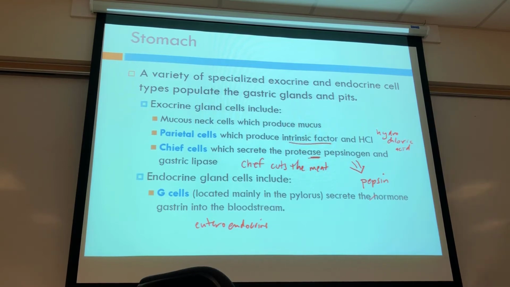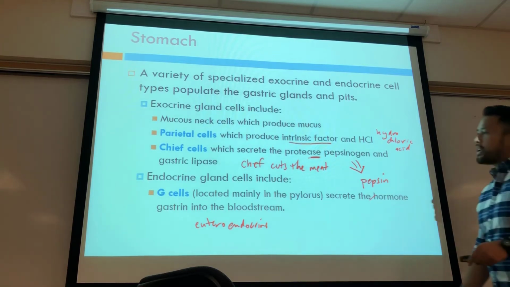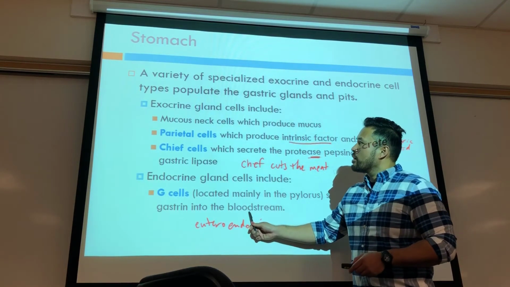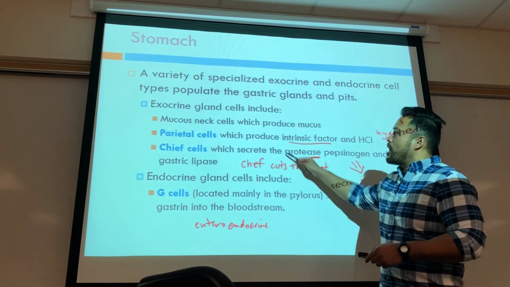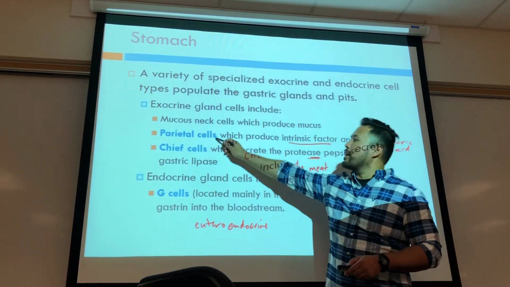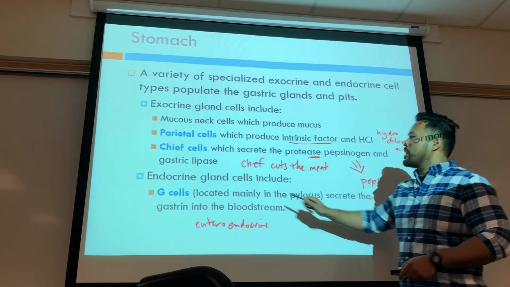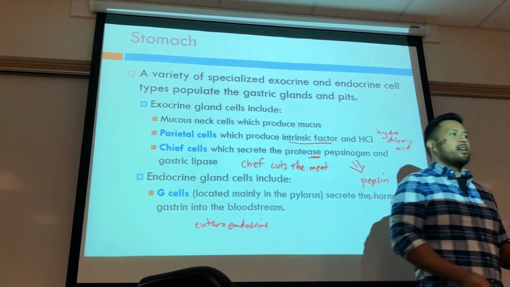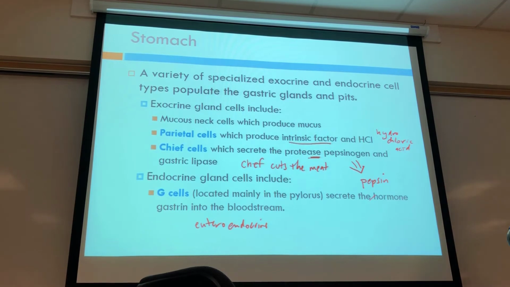And gastrin, as we'll learn later on, is going to promote the production of hydrochloric acid as well as the other exocrine cells' products. So in essence, these cells trigger localized production of hydrochloric acid by the parietal cells as well as pepsinogen and gastric lipase by the chief cells. They're the ones communicating to those exocrine cells, saying, start producing stuff.